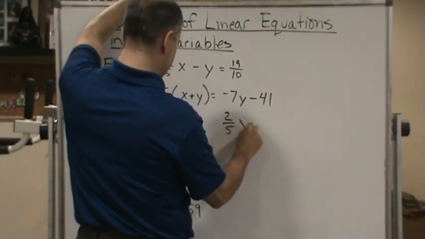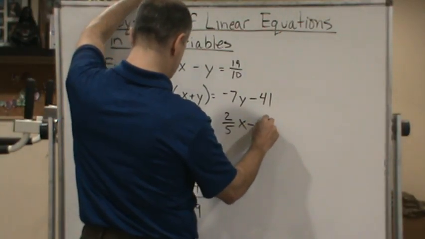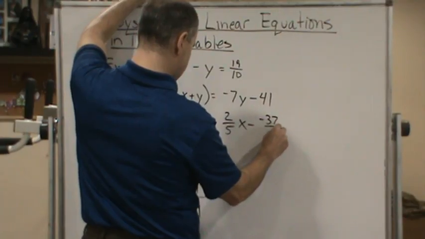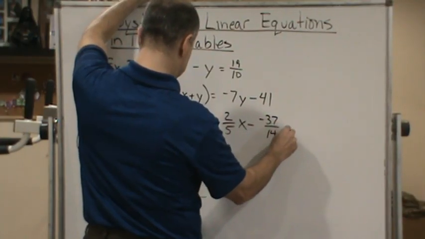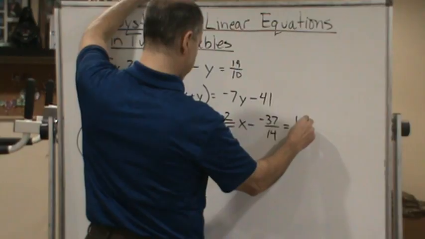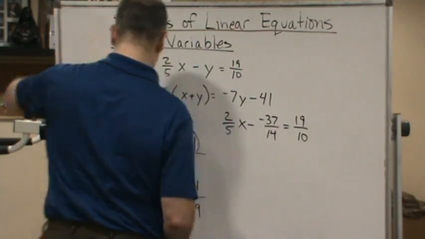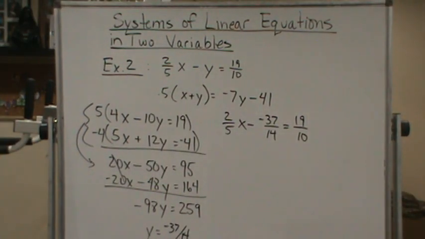2/5 x minus negative 37/14 equals 19/10. Okay. So now what we're going to do is multiply by the lowest common denominator that we can do.